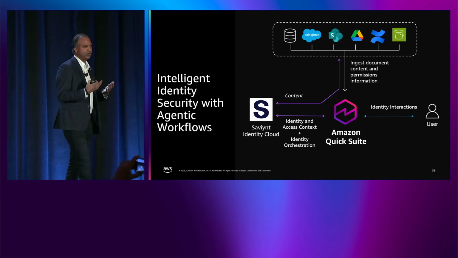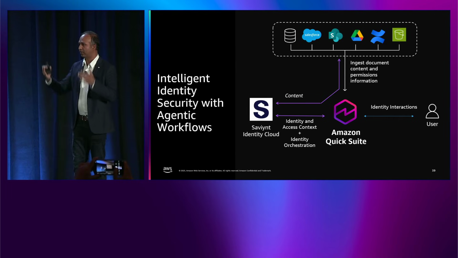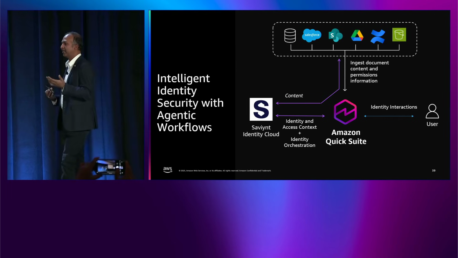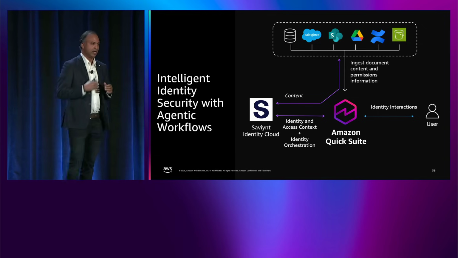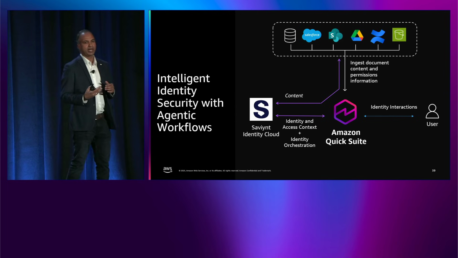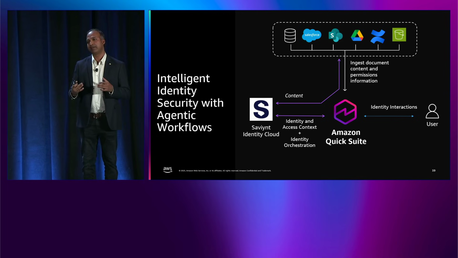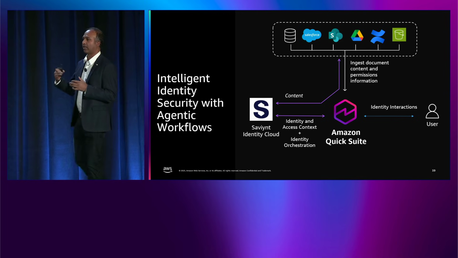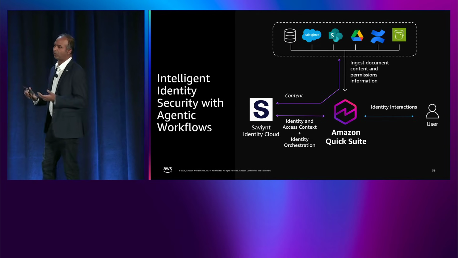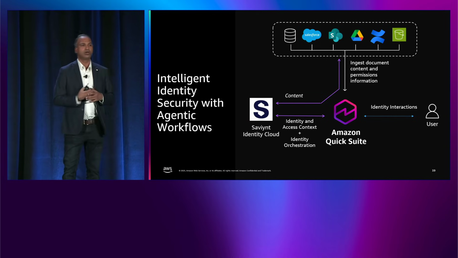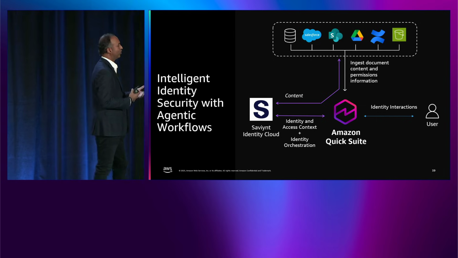And Amazon Quick Suite, to Sonali's point, is already ingesting data. It's already ingesting ACLs, permissions, all of that information from here. And the consumers of the identity platform can interact with Saviynt because they don't have to deal with point integrations. Saviynt ingests all this data from Quick Suite. They apply identity orchestrations. They apply identity context to it.